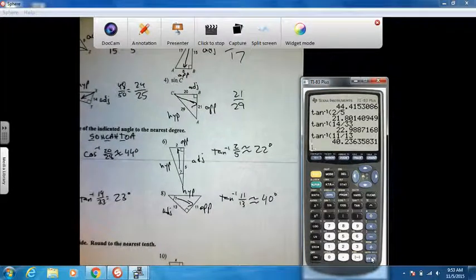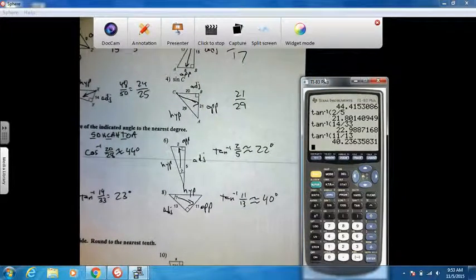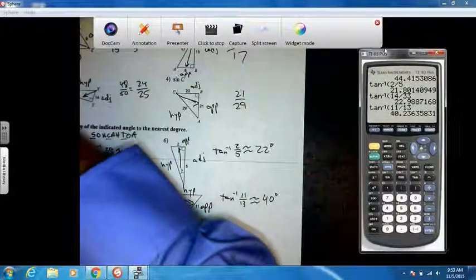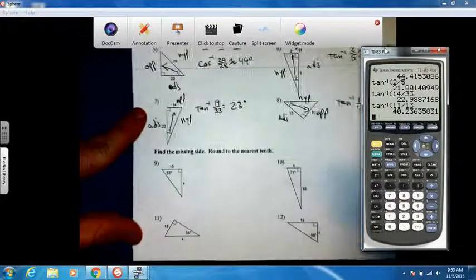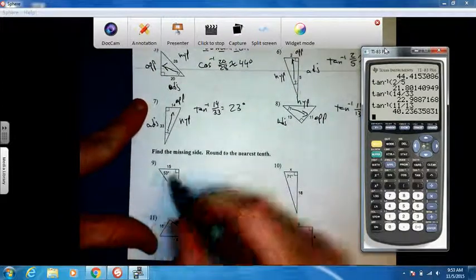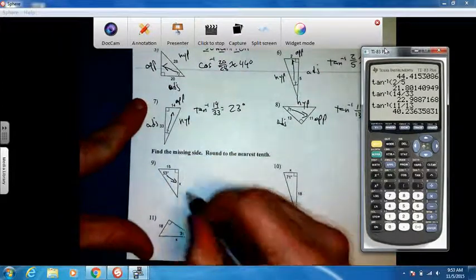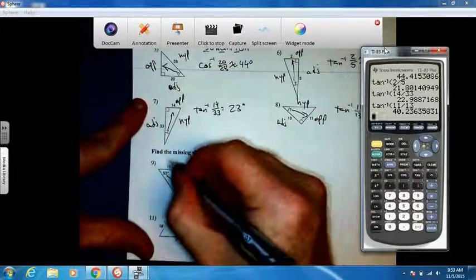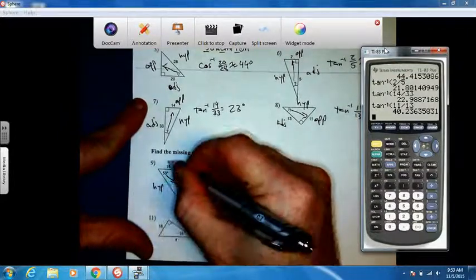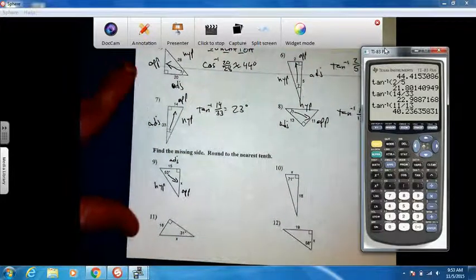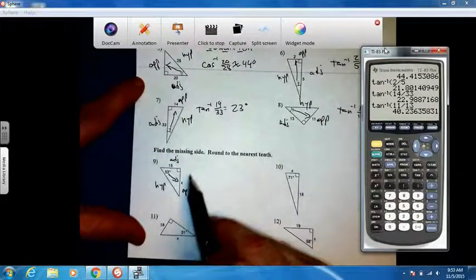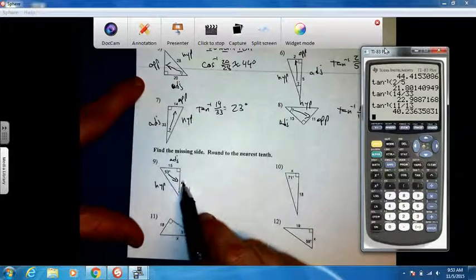Okay, so now moving down to the bottom questions. I'm still going to need my calculator here. So find the missing side. Well, here's the angle that I know. This is opposite, hypotenuse, adjacent. The sides that are labeled are the opposite side and the adjacent side.